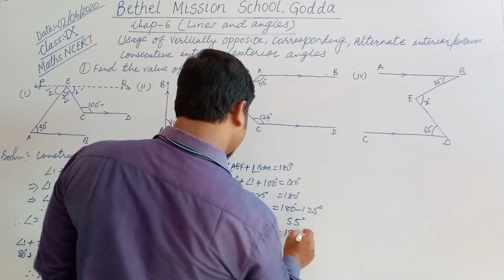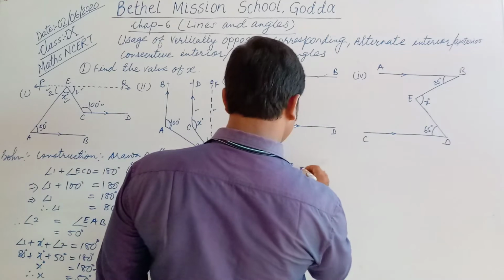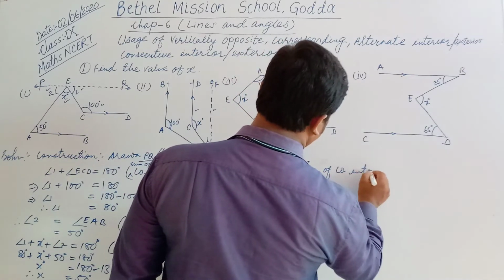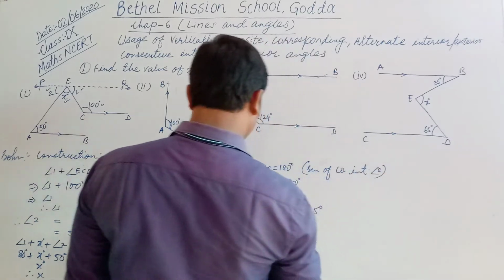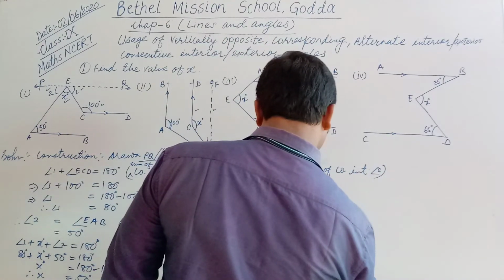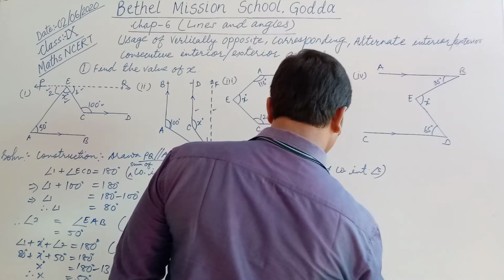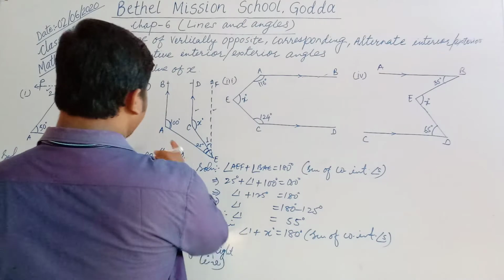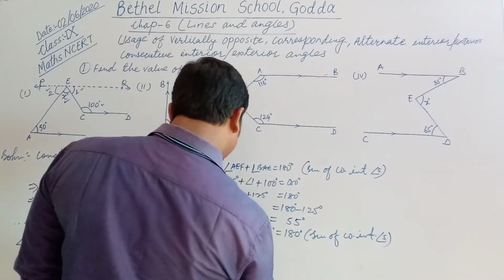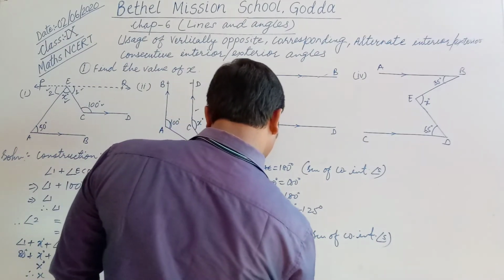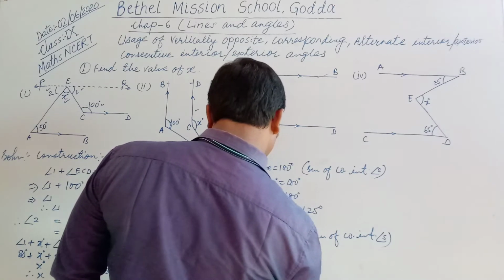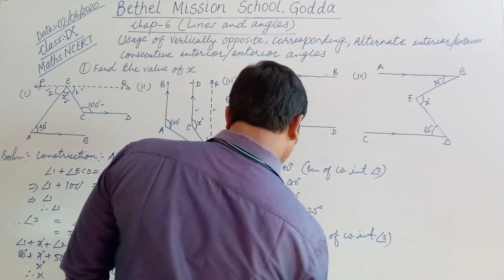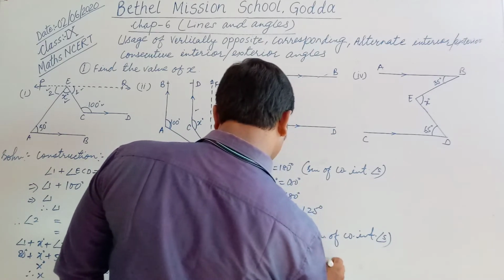You can put the reason: sum of co-interior angles. Angle 1 is 55 degrees plus x degrees equal to 180 degrees. x equal to 180 degrees minus 55 degrees.